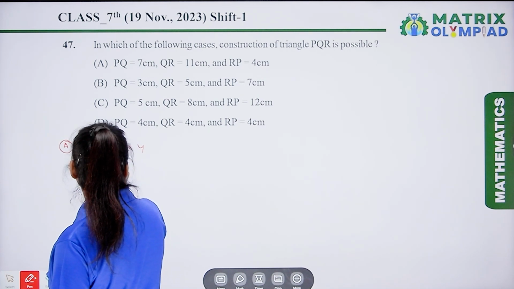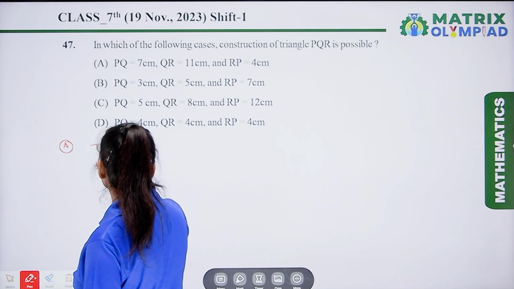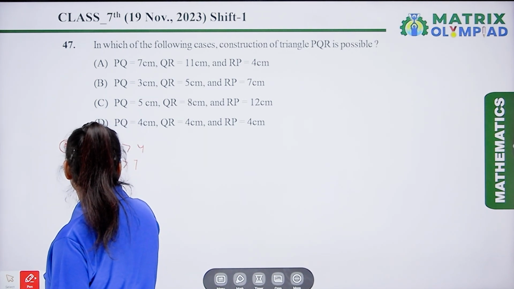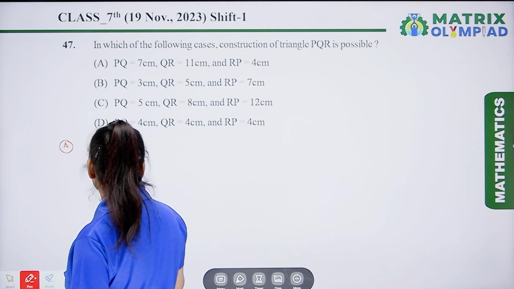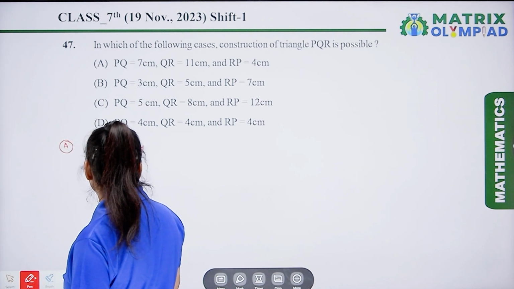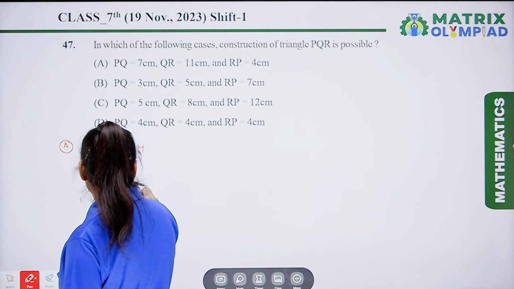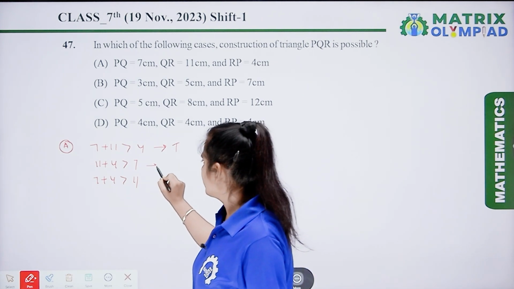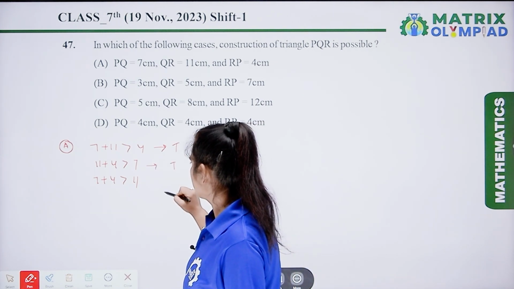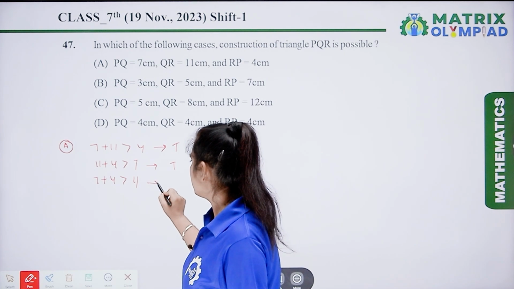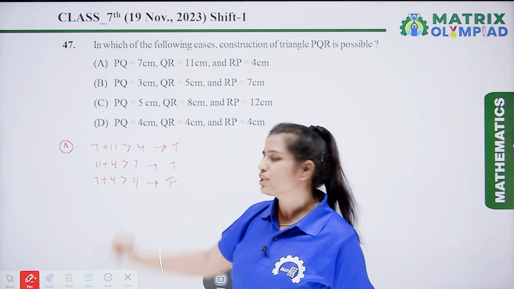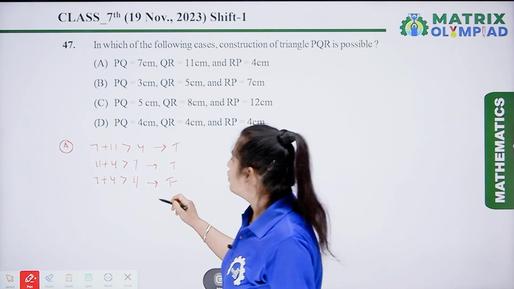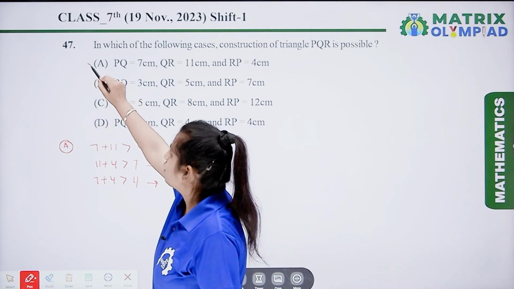Yes, 11 plus 4 is greater than 7. And the third possibility is 7 plus 4. So here the first one is true, the second one is true and the third one is false, because 7 plus 4 is 11 and 11 is not greater than 11. So, the first one is not possible.